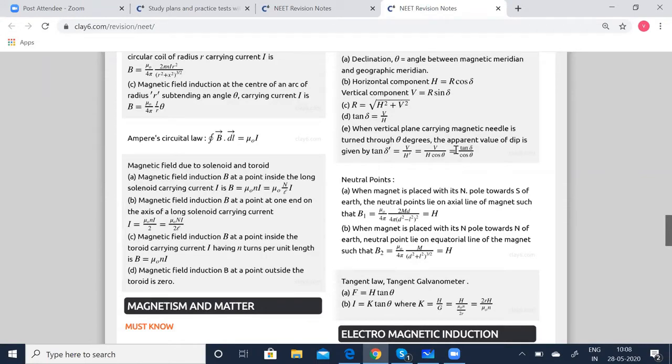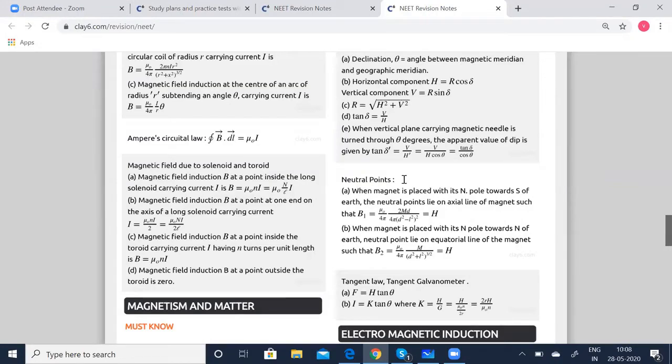Or we can simply say this is equal to tan delta by cos theta, because V by H, as we already saw, is tan delta. So tan delta by cos theta.